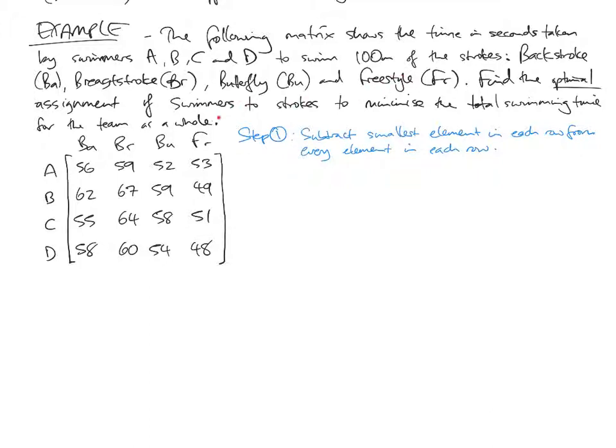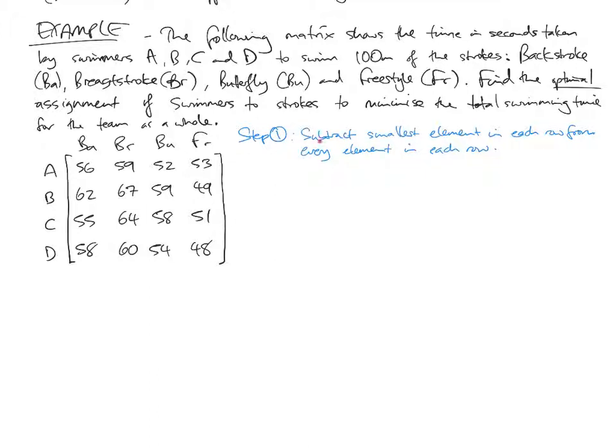Find the optimal assignment of swimmers to strokes to minimize the total swimming time for the team as a whole. So this is the same matrix from the previous problem. We found an optimal solution just by eye or through trial and error. Let's see if we find the same solution by applying the Hungarian algorithm, and it should be quicker, at least when you are experienced with the technique.